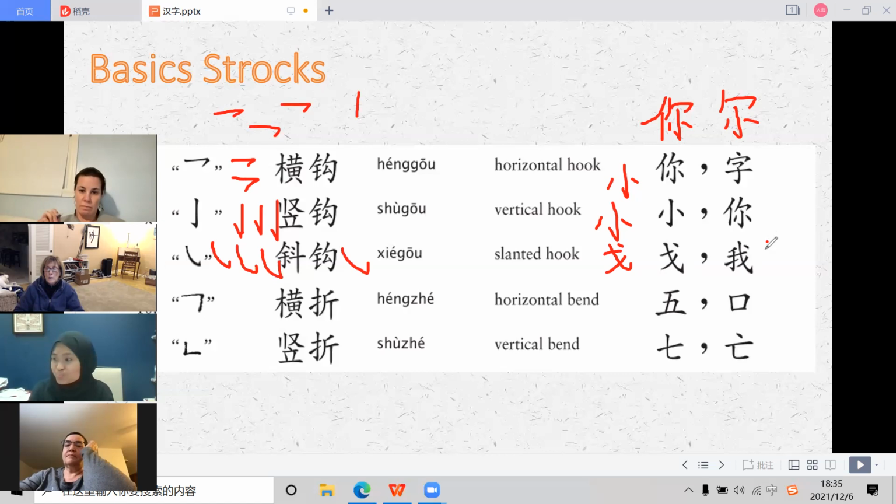我: 撇, 横, 竖沟, 提, 斜沟, 那, 点. Oh, this is 撇.